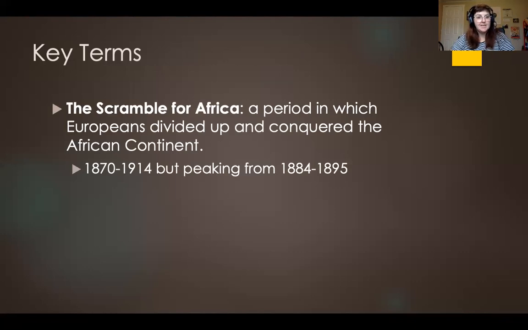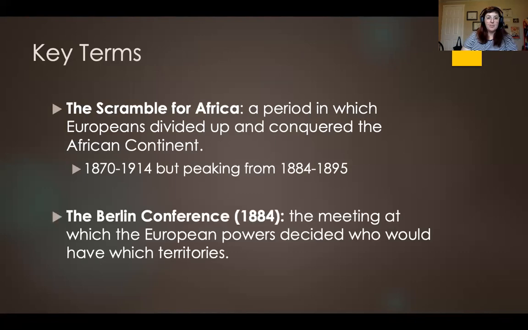Lasted from 1870 to 1914, but really peaked in 1884 to 1895. And then the formal conference where they sat down and divided up Africa was the Berlin Conference, which happened in 1884 in Berlin, Germany. And that was a meeting at which European powers decided who would have which territories. And I'm going to talk about that a little bit later.